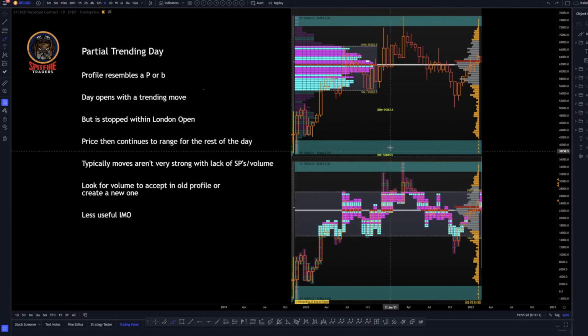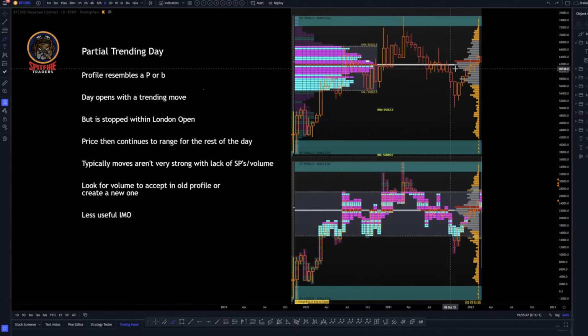Now, the reason why I don't find this useful again comes down to the slow bleed scenario. It's not strong enough to catch. It's fairly weak. It's a meh kind of day.